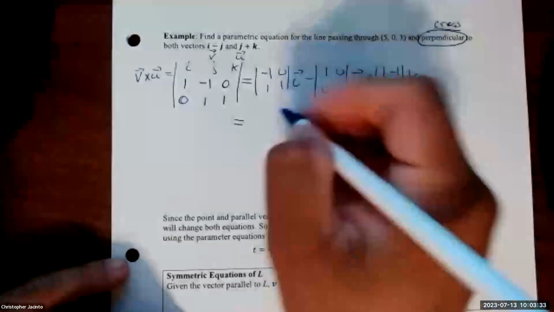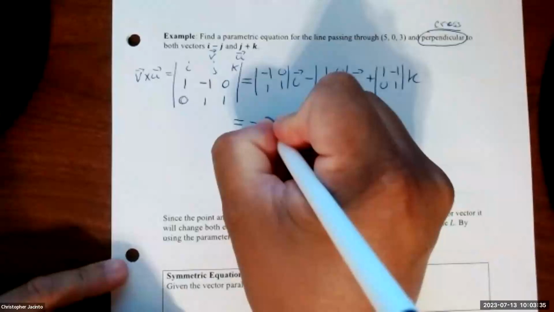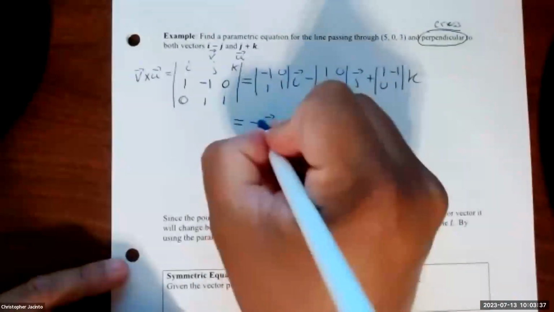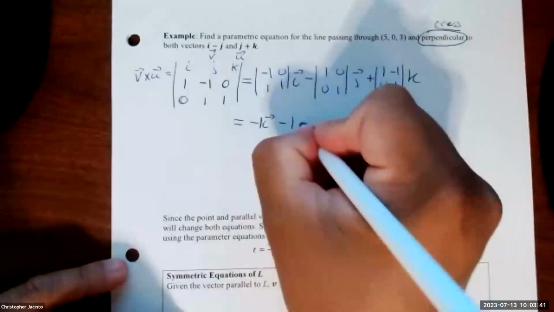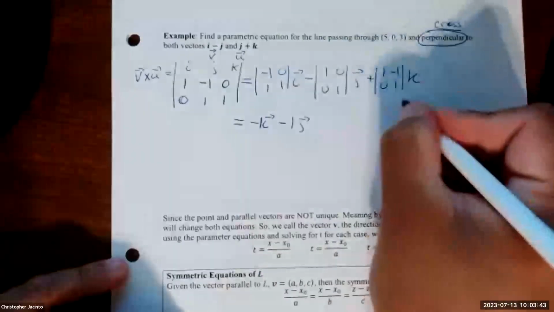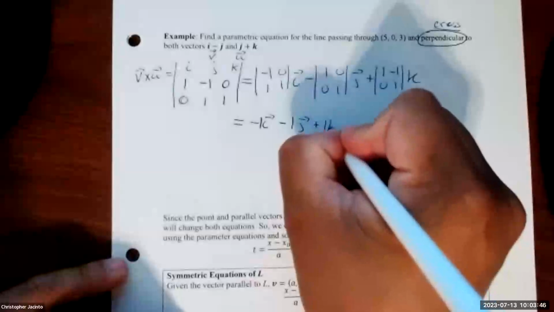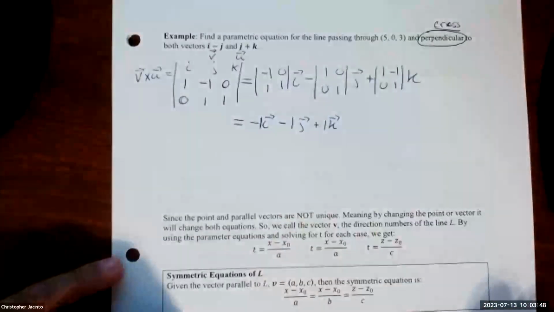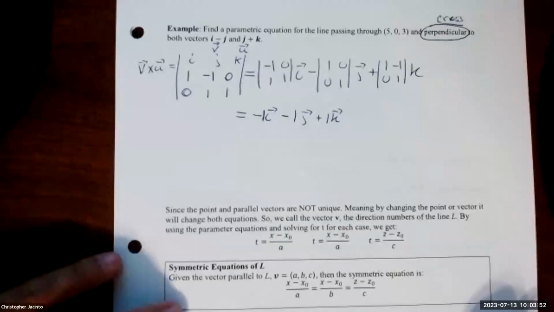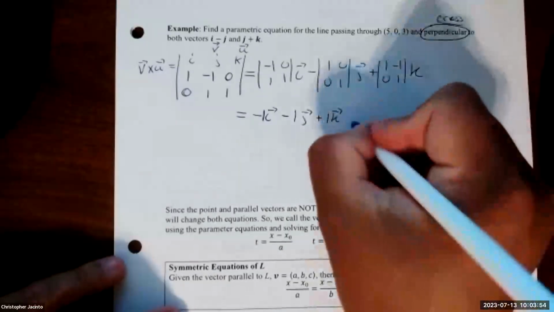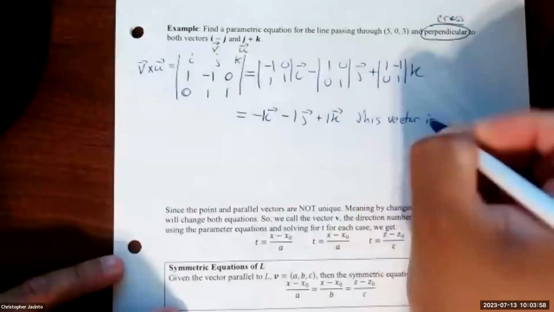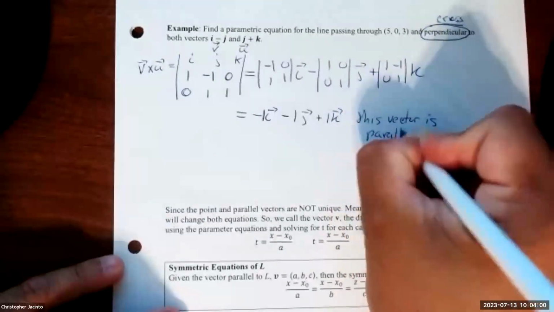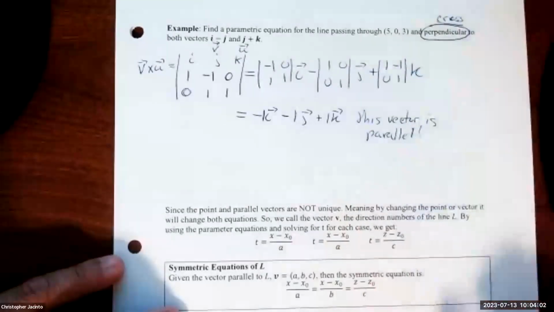So this ends up giving negative 1 i, minus 1 j, and plus 1 k. And again, the key thing is that this is parallel to the line we want. So this vector is parallel. That's good.